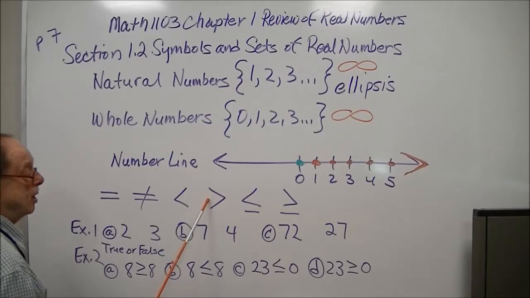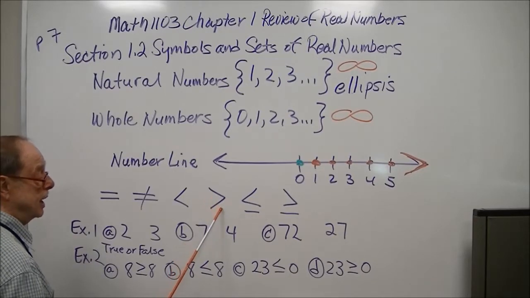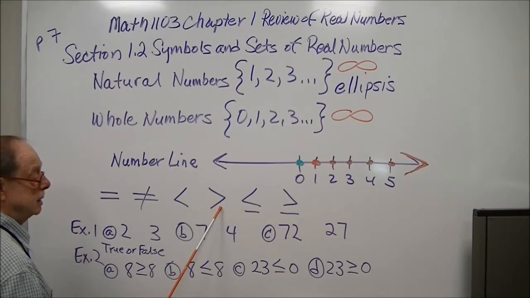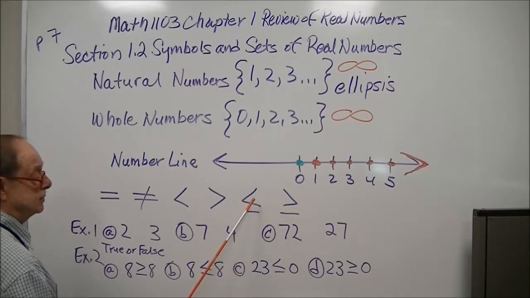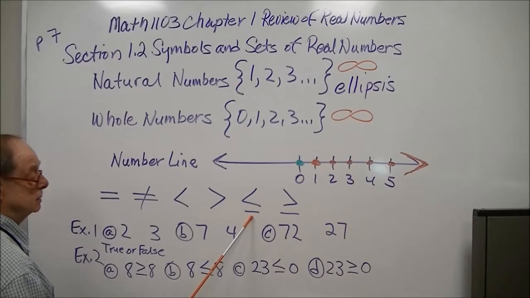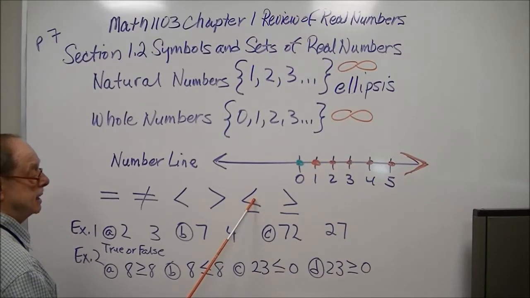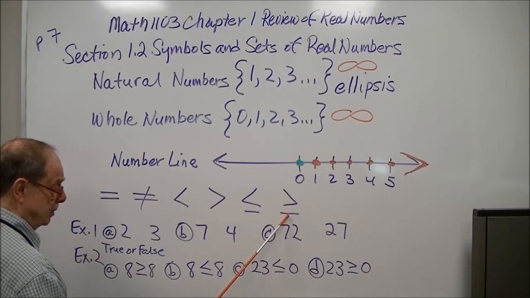Again, the open part is toward the greater. So this would be read from left to right, greater than. Now when they put a bar under it, it's read less than or equal. Less than or equal. Greater than or equal.